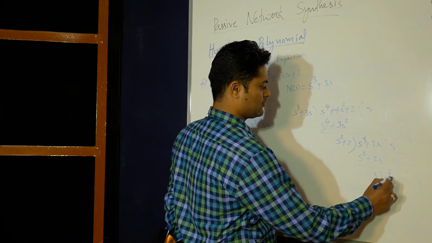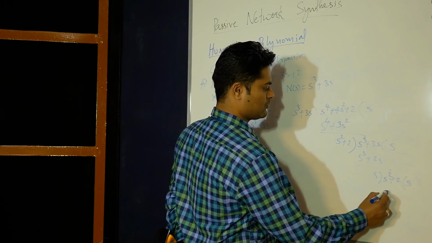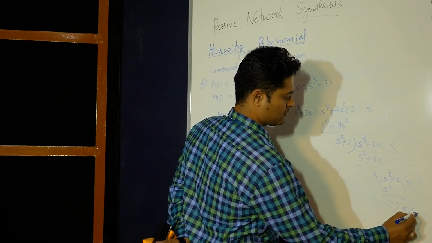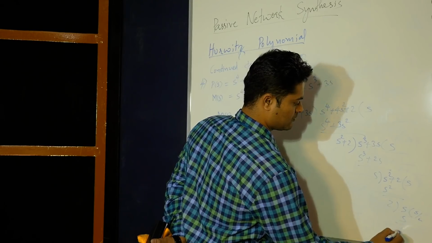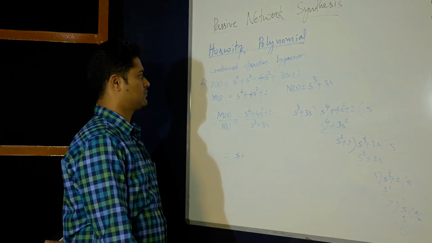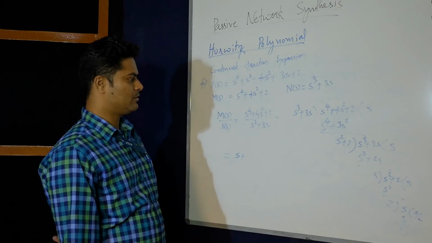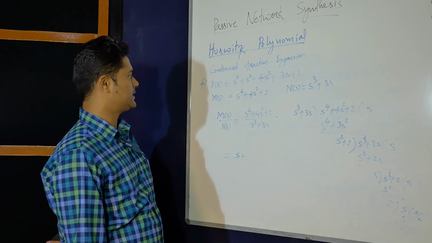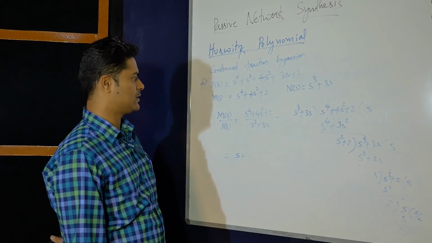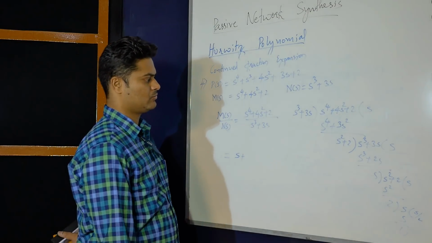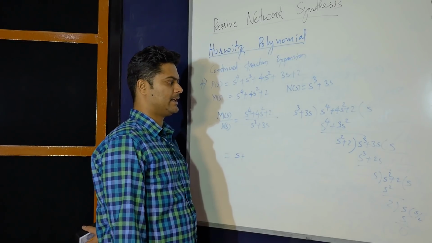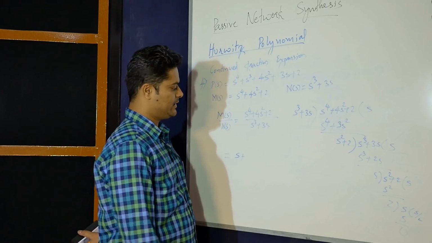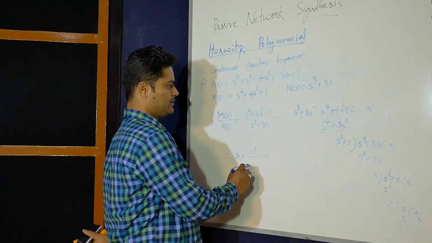So when we go further with s cube plus 3s and s to the power 4 plus 4s square plus 2, my continued fraction expansion gave me all the quotients positive. Hence it is a Hurwitz polynomial.